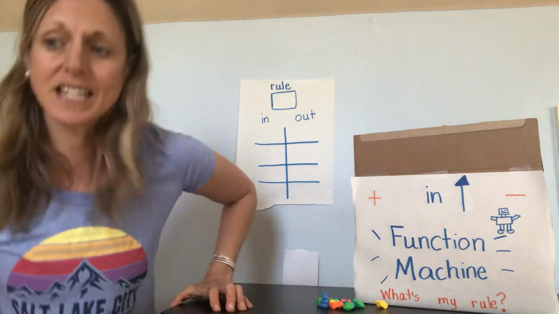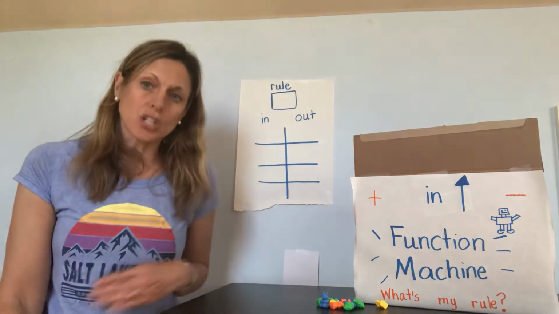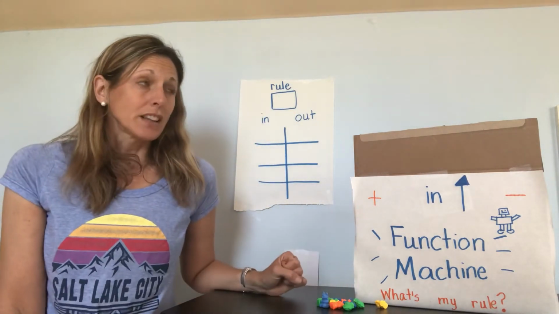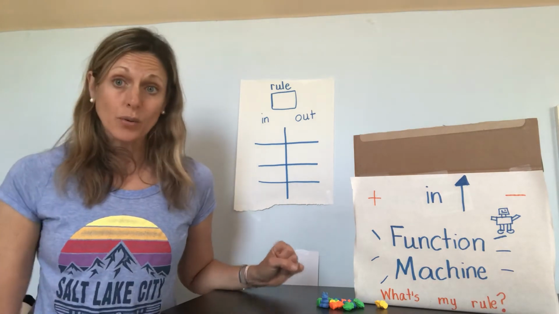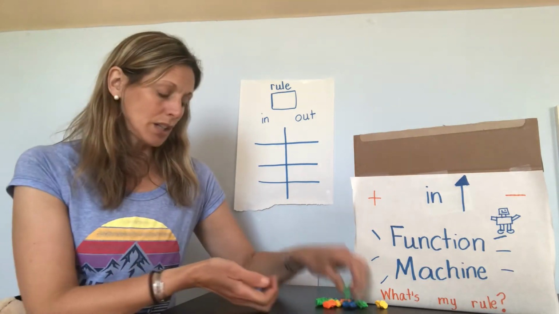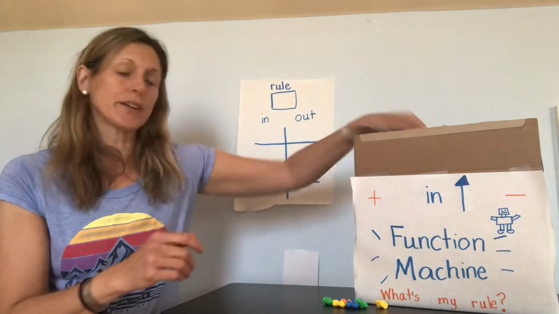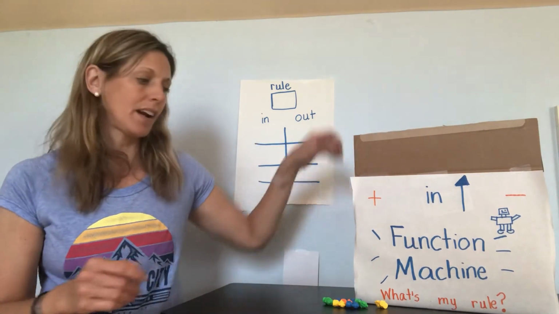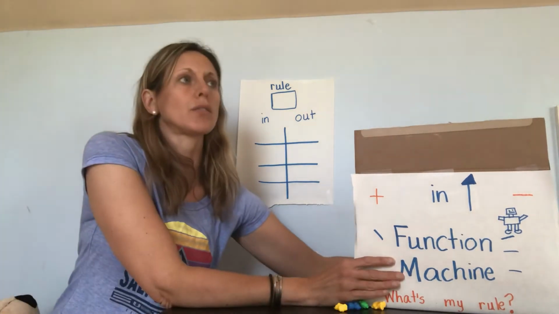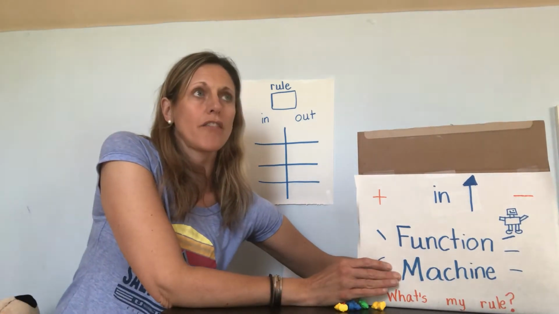Okay, this time, Mrs. Horn's going to start with 5 bears going in. Okay, so 1, 2, 3, 4, 5. 5 bears go in the machine. Let's see what comes out. 5 bears went in.